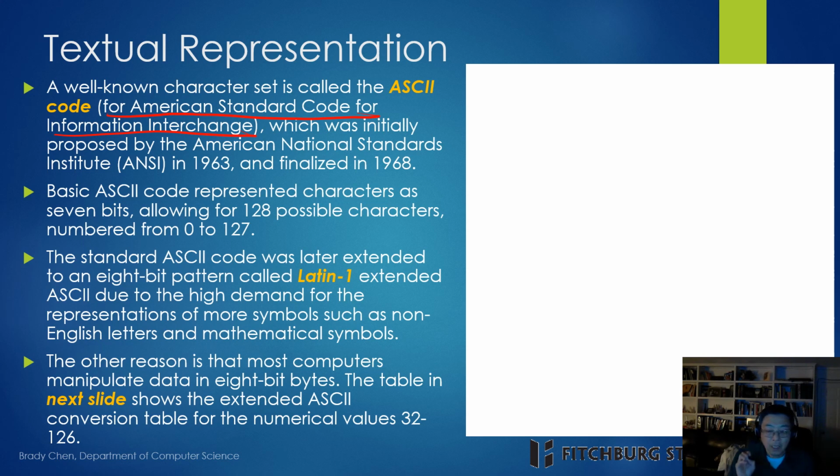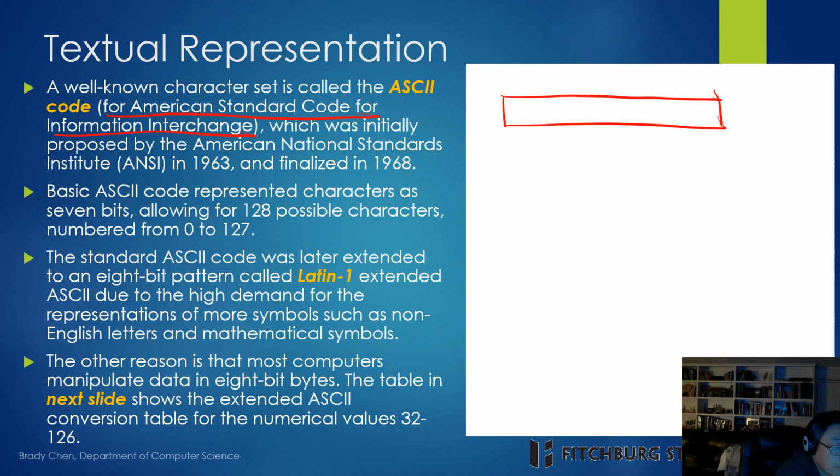The characters included in ASCII Code are mostly the characters we can find on the computer keyboard. Basic ASCII code represents characters as 7 bits.